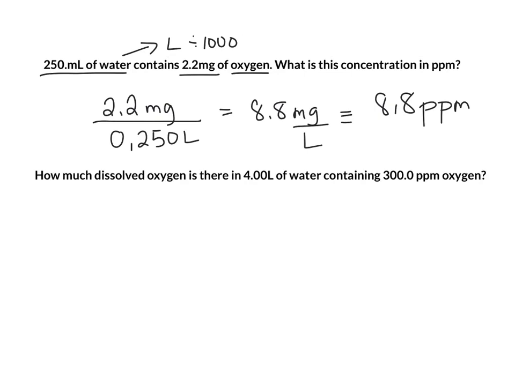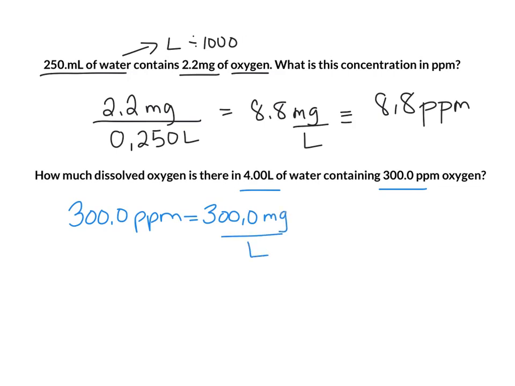Okay, so last example. How much dissolved oxygen is there in 4 liters of water containing 300 parts per million oxygen? So 300 ppm is the same thing as 300 milligrams per liter.